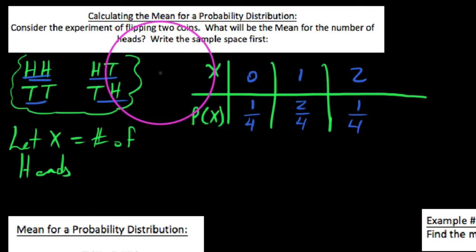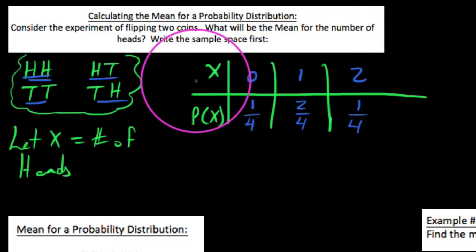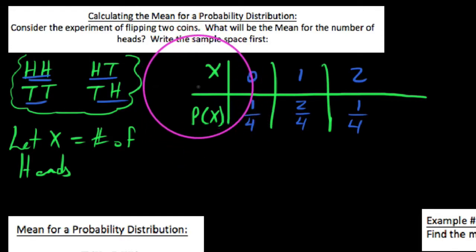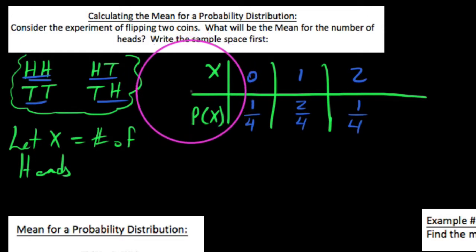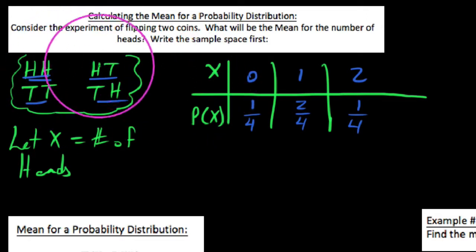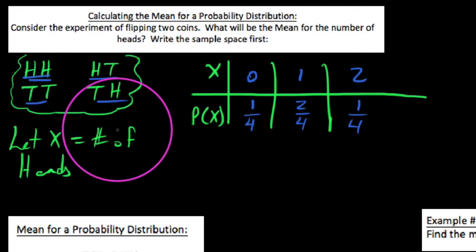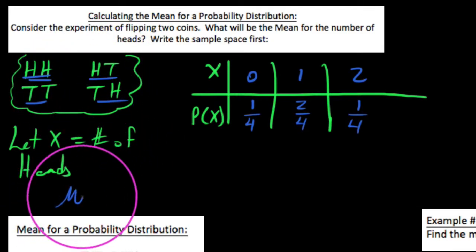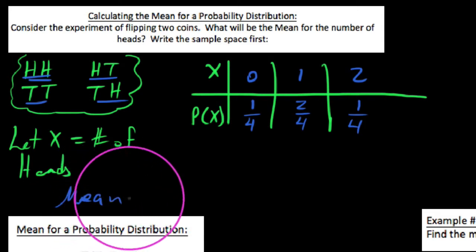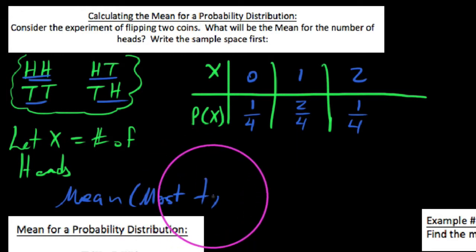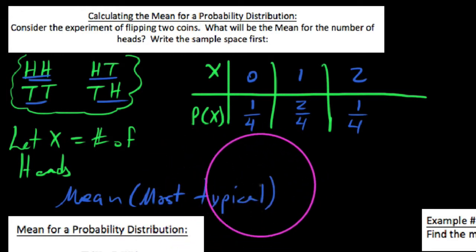The question I want to answer is this: on average, if we were to flip these two coins, not once, not twice, not 10 times, not 100 times, but if we were to flip these coins for eternity, which is impossible, by the way, and keep track of the outcomes, on average, how many heads would you expect to see occur? And remember, the average, the mean, is the most typical. That's what mean means. Sorry to be redundant, but it's the most typical. So most typically, how many heads would you expect to see?